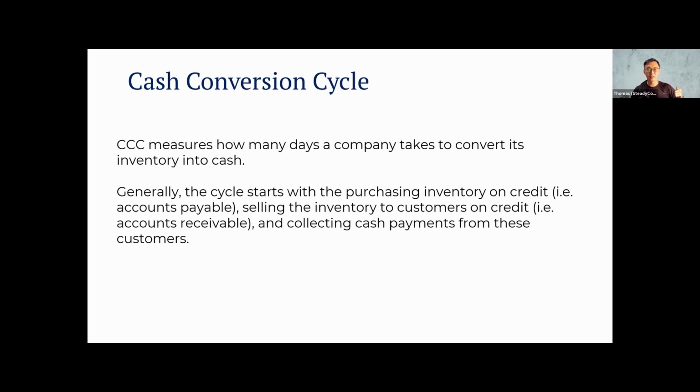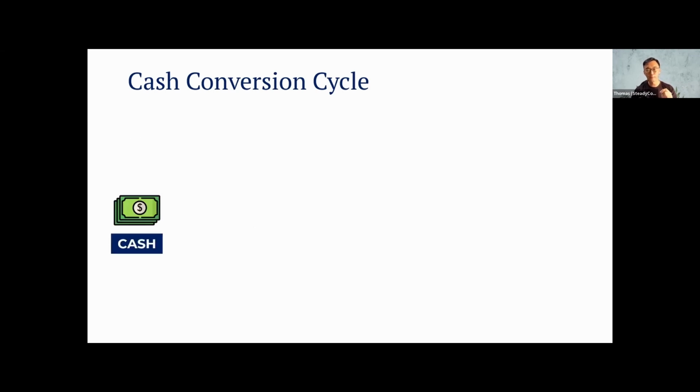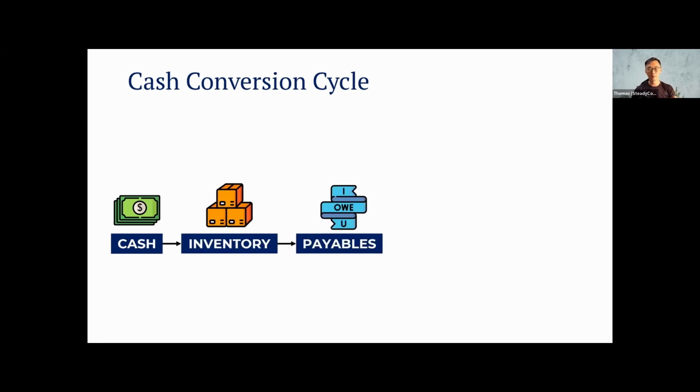How many days does it take for me to convert that inventory to sales, to payables, and back to cash, right? It measures how fast the cash becomes cash again. And it's helpful to visualize this in diagram form, right? So the cash conversion cycle will start with cash first, the cash to buy the inventory, and subsequently the inventory.